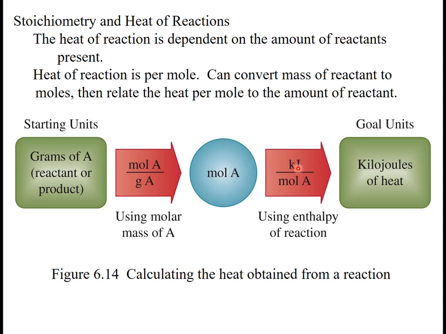So I would be dividing by this and multiplying by that. So in this direction, I'm going to divide by molar mass and then multiply by delta H. If I go in this direction, then I'm going to divide by delta H and multiply by molar mass.